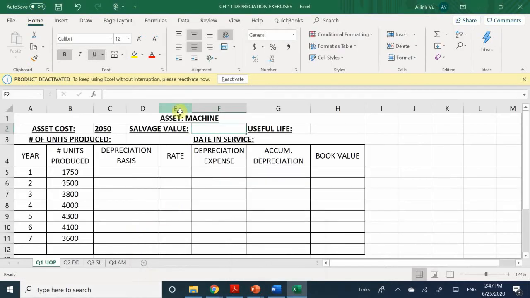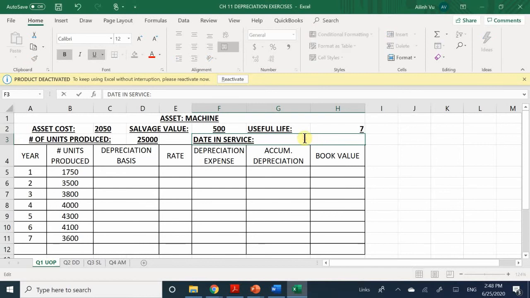So let's fill that in. Our salvage value is 500, our useful life is 7, and the units it could produce is 25,000. The date we put it into service is June 12th.